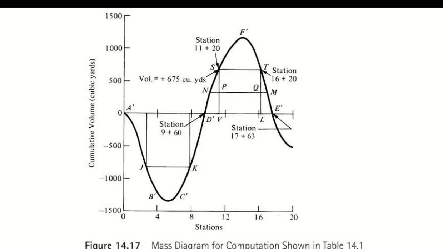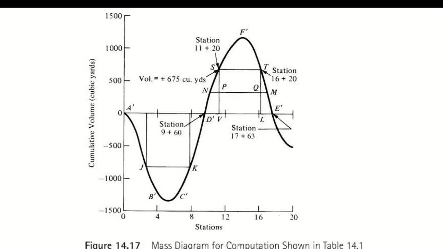I divide by 675. Again, how much? 0.723 stations. Okay.